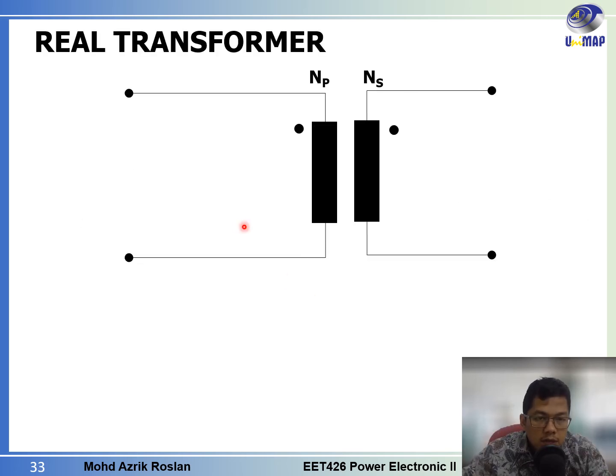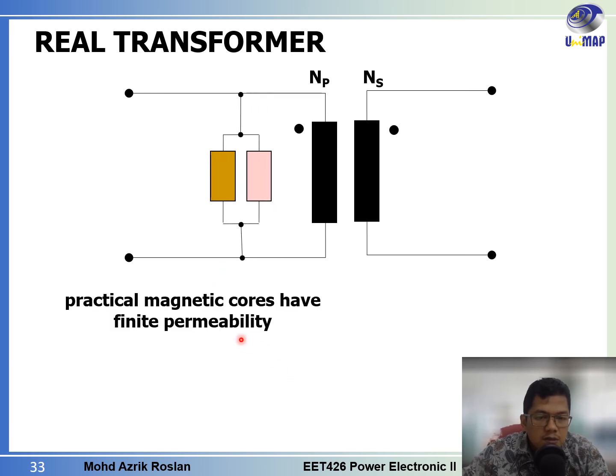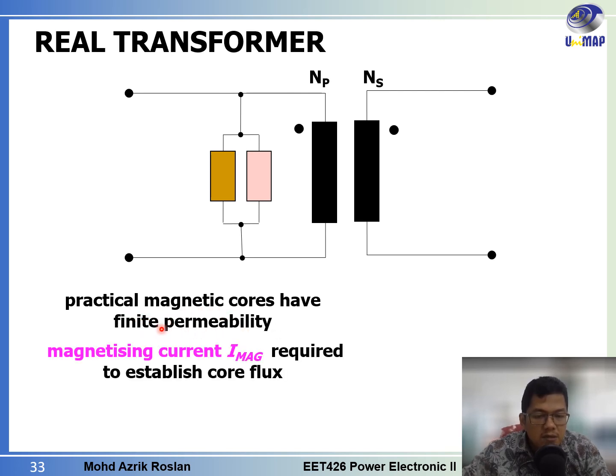Now we will look at the real transformer. In a real transformer, the magnetic core has a finite permeability. Permeability is the ability to allow the flux to flow inside the core. For an ideal transformer, this permeability is infinite. In this real transformer, because we have the finite permeability, we require a magnetizing current, Imag, to establish the core flux.